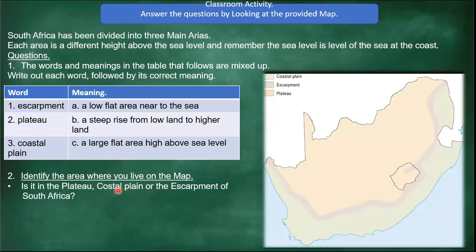Try to look again where you are from and tell me the answer. I'm going to take Lele now. Lele says that I live in the plateau in Gauteng. Okay, that's correct. Thank you very much, my girl.